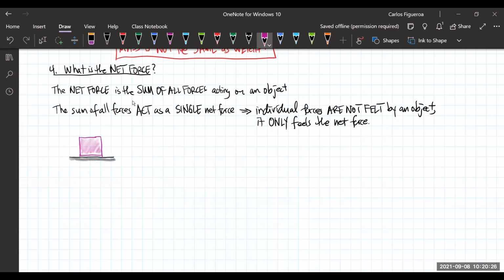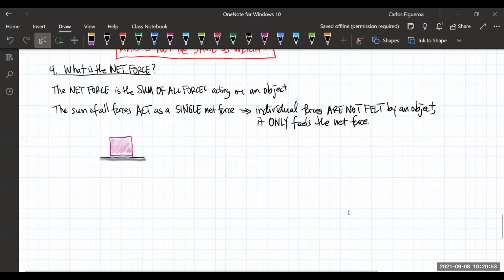Now I'm going to copy this because I'm going to need it several times. Let's look at an example. In the first case, I want several forces acting on the block, so I'm going to move this over here.